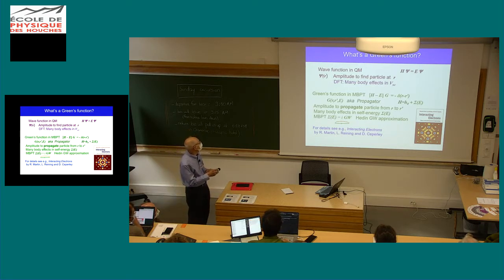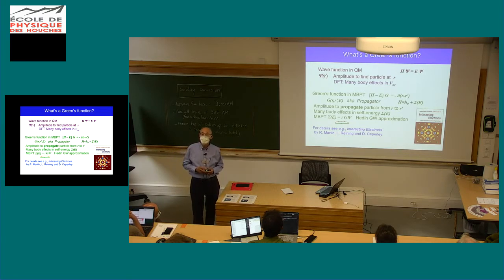And this Green's function is sometimes called the propagator. So this is the quantum mechanical amplitude for a particle that starts at one point, r prime, and goes to r. And all the many-body effects in this one particle equation are in the self-energy.